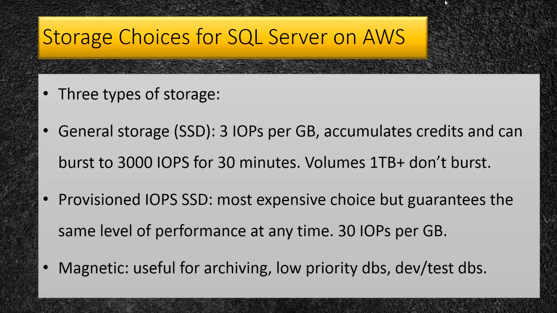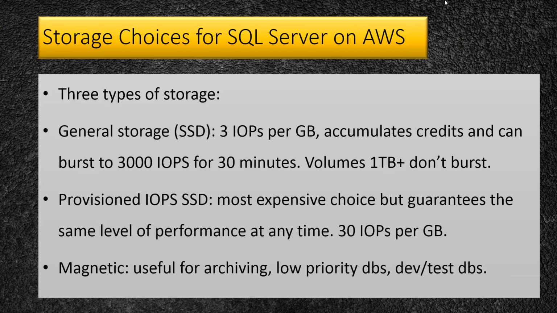They have a baseline of 30 IOPS per gigabyte, so it's 10 times the baseline of the general purpose SSDs. And on top of that, you can also tweak their IOPS capabilities or IOPS bandwidth independently as well. So you can have a provisioned IOPS volume that is 1 terabyte and try to push, let's say, 9,000 IOPS through it, and the system just takes care of it and provides the same level of performance 24/7, right?